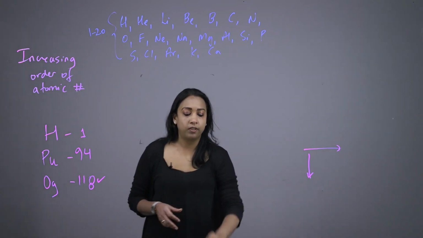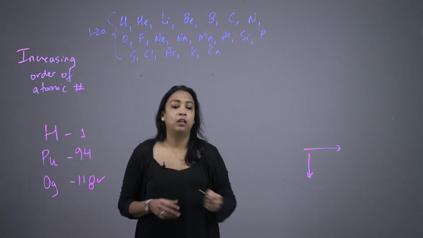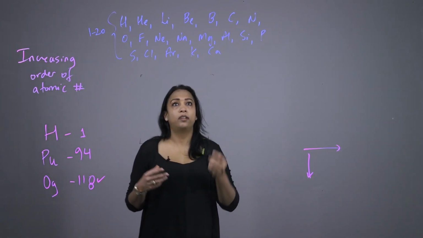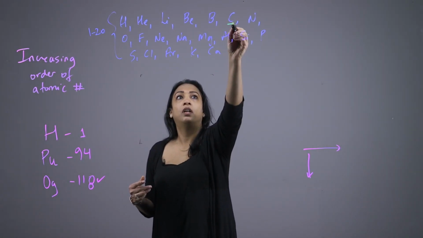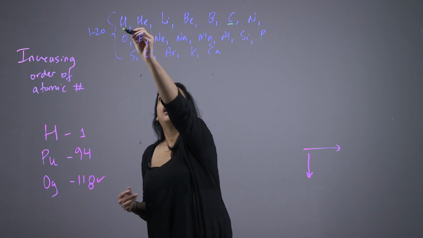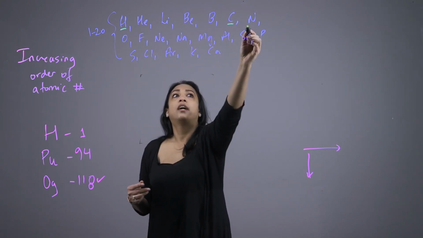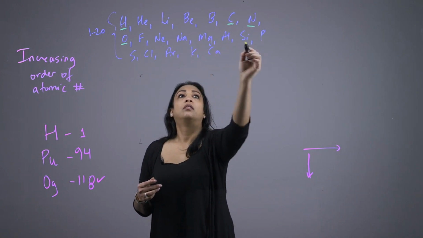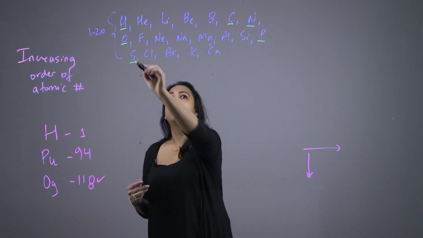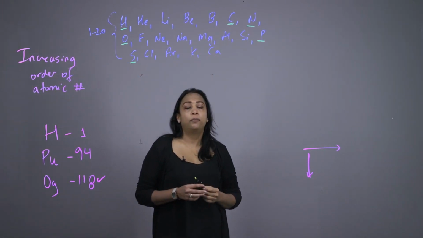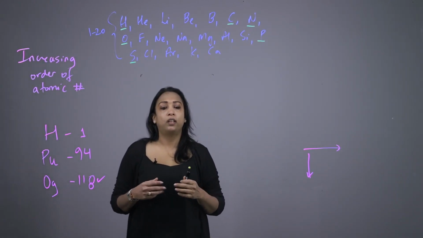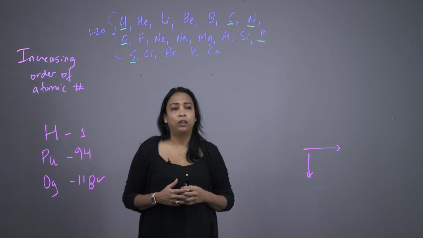Now, of special interest to biologists is specifically CHNOPS, and we touched upon this in the previous video. Carbon, hydrogen, nitrogen, oxygen, phosphorus, and sulfur. So these are going to be the 6 atoms that make up the majority of all biomolecules.